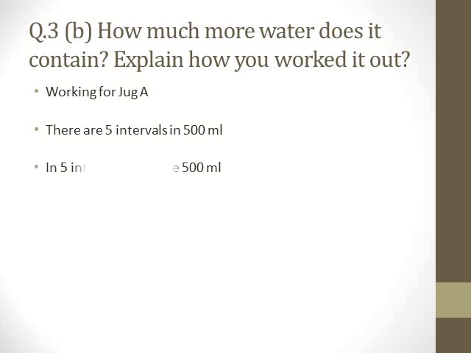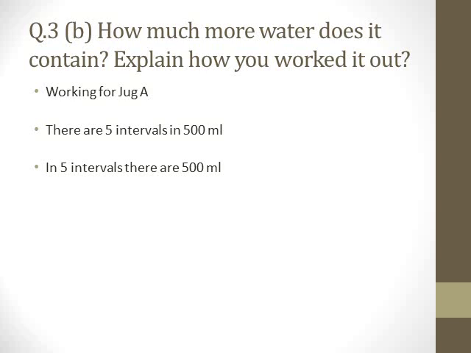So I can also write it like this: in 5 intervals there are 500 ml. If I need the value for one, I will move this 5 to the right side and divide. For finding one, I will divide 500 by 5. When you divide 500 by 5, the answer will be 100, right?